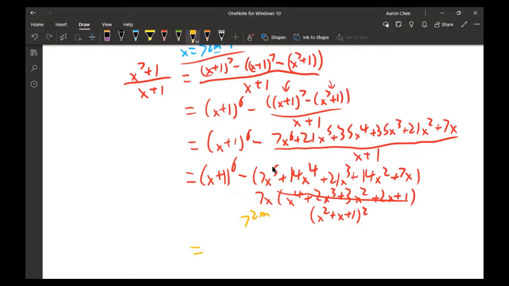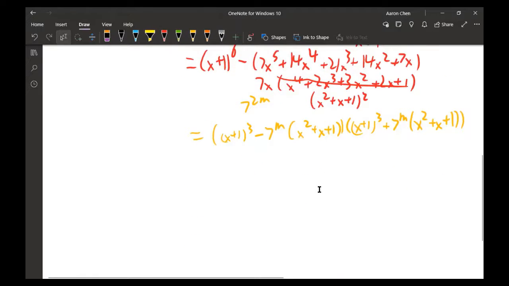And so that means that this is in the form x plus 1 cubed minus 7 to the m times x squared plus x plus 1 times x plus 1 cubed plus 7 to the m times x squared plus x plus 1. And so in order for this to be composite, it's sufficient to show that both of these are greater than 1.